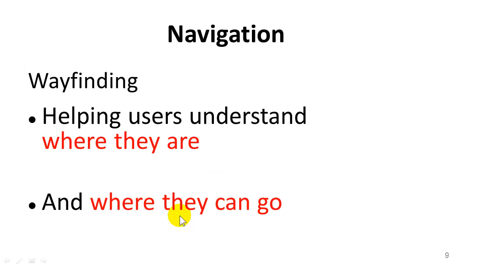In the book, we have this term wayfinding. And it essentially means helping the user to understand where they are and also where they can go. That's very, very important.